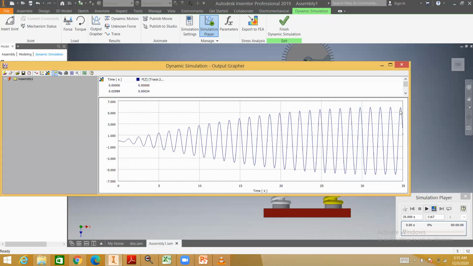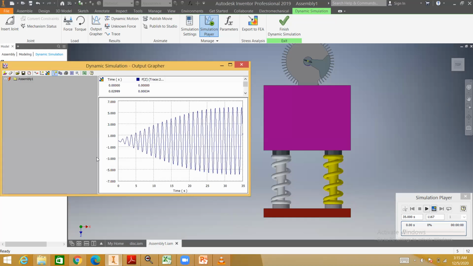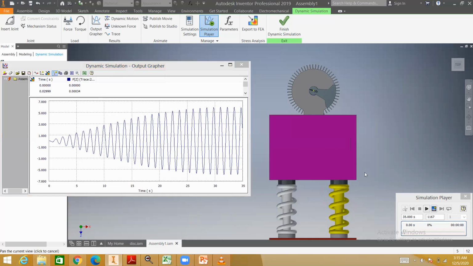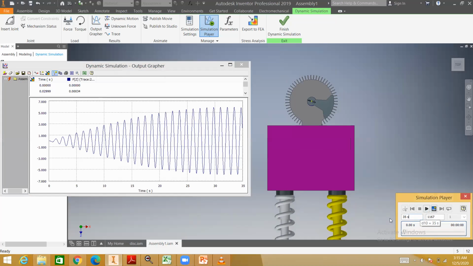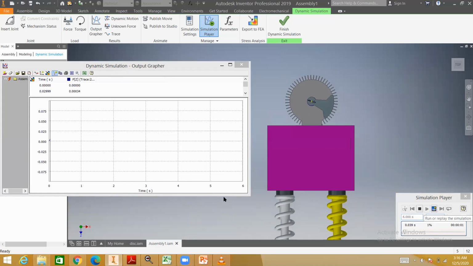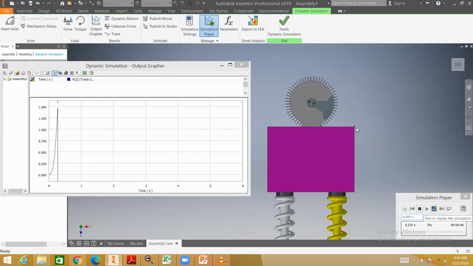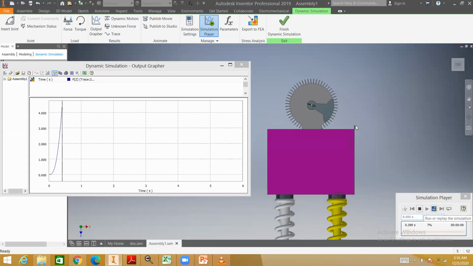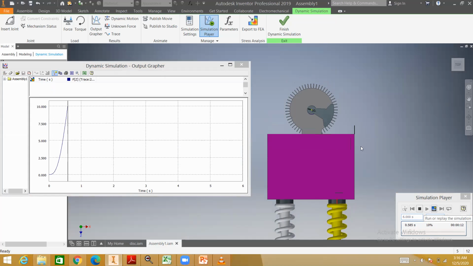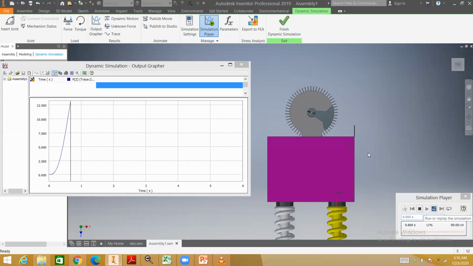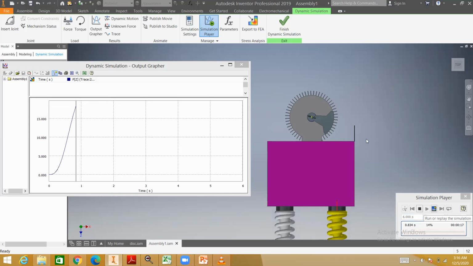Then simultaneously we will observe the graph of displacement versus time. Initially we are giving the displacement in the downward direction. You can observe here the black line in the downward direction. Once we remove the force, the system will oscillate.